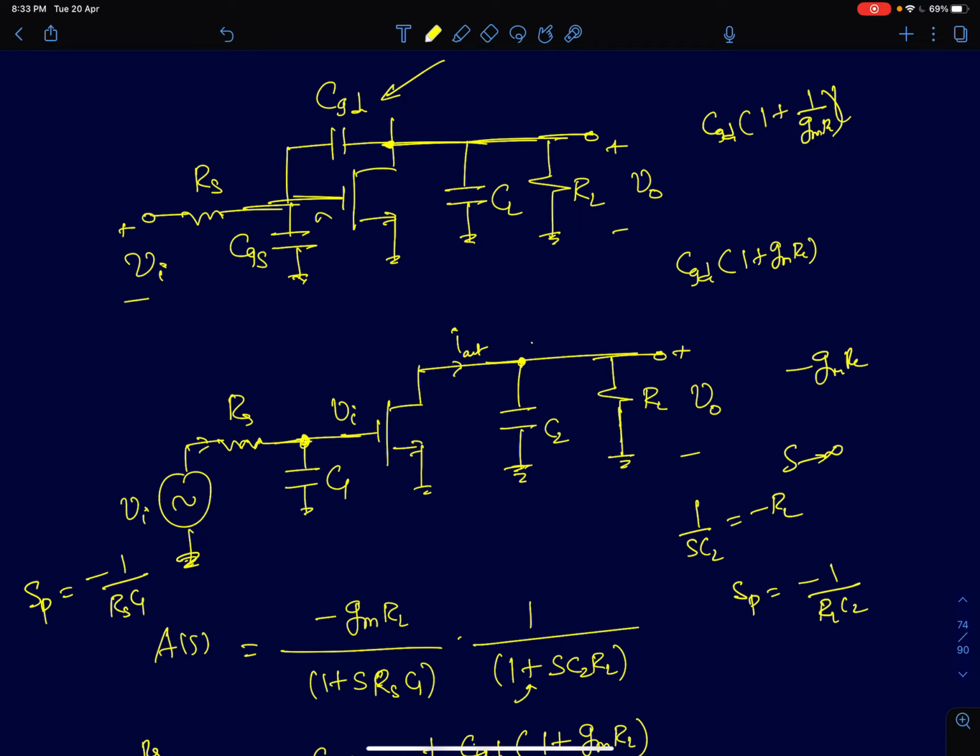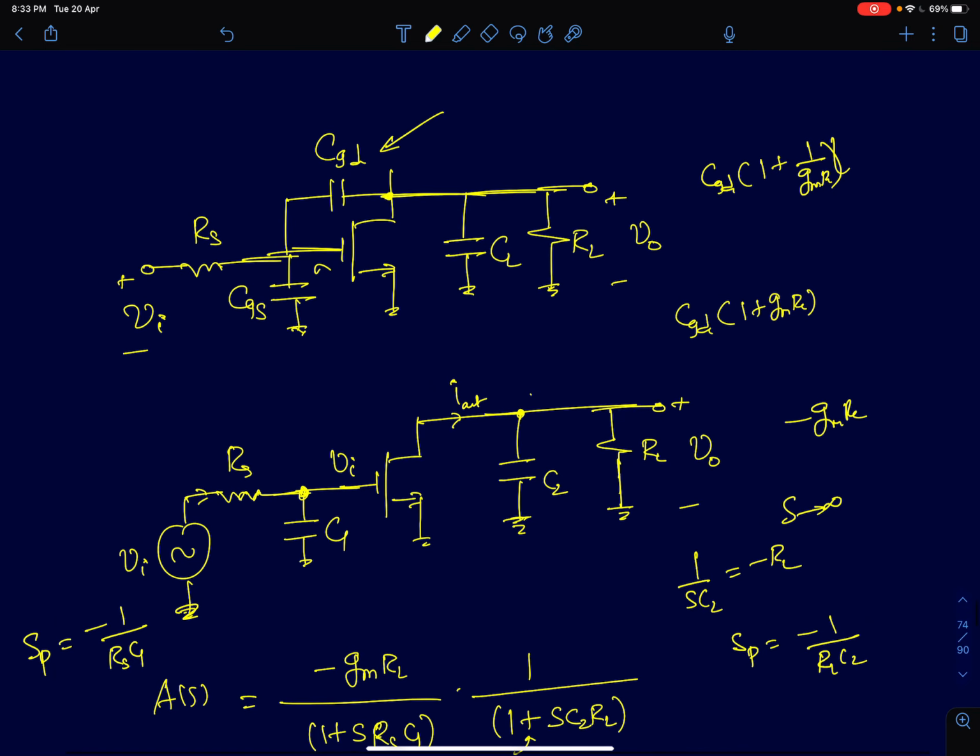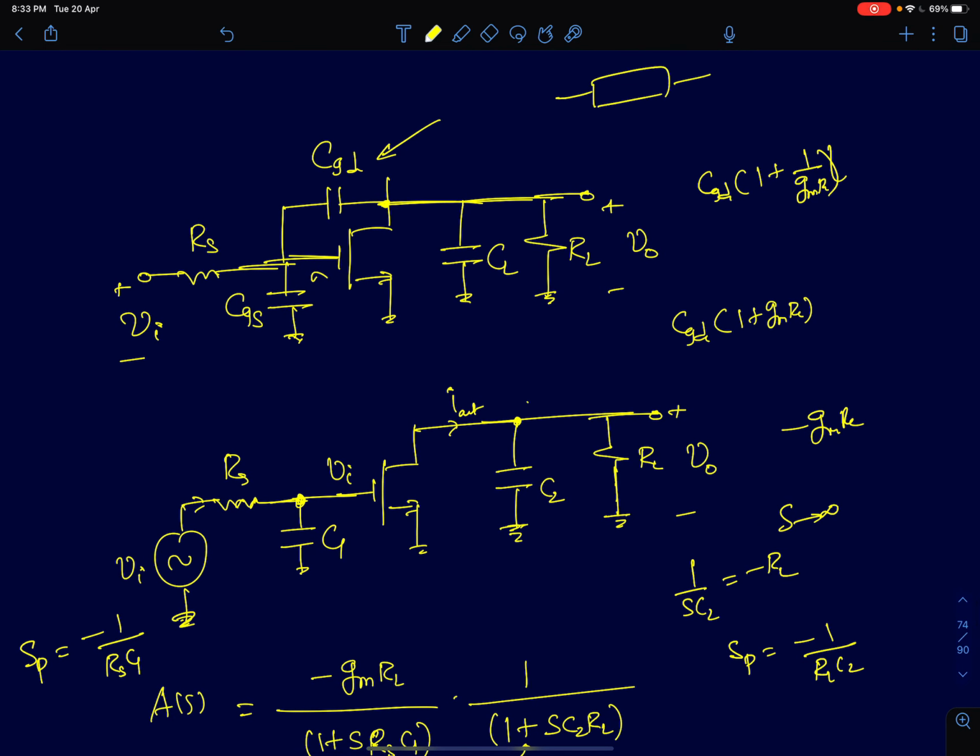So we said this capacitance CGD, using Miller's theorem, which says that if you have an impedance between two terminals and we have some third common terminal, then it can be split and represented as two independent impedances, one at the input and one at the output terminal.